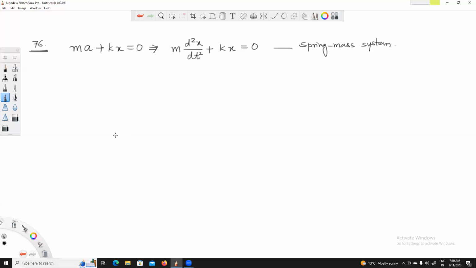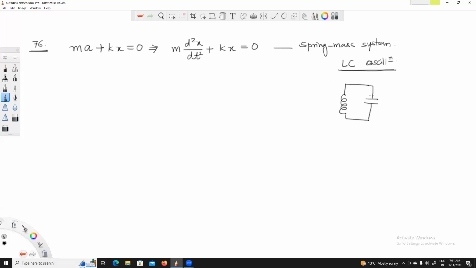So what is asked here is to compare LC oscillations. What are LC oscillations? Take an inductance here and join a capacitor over here.